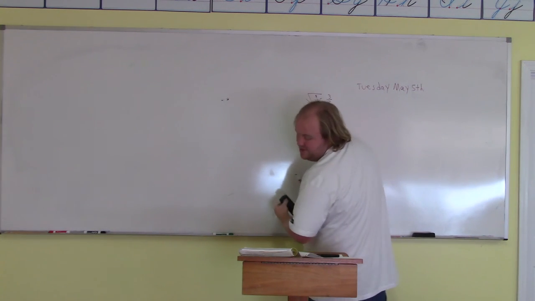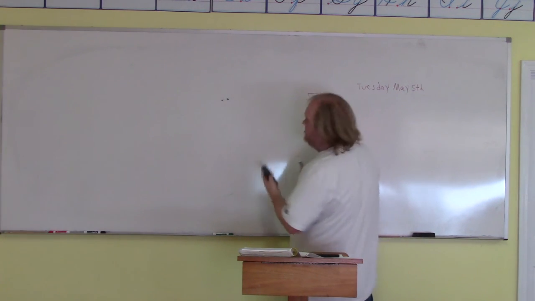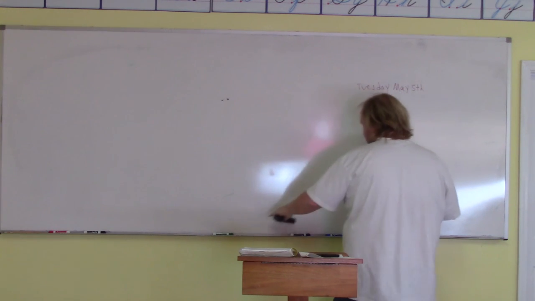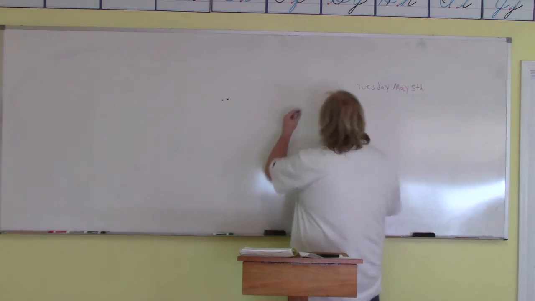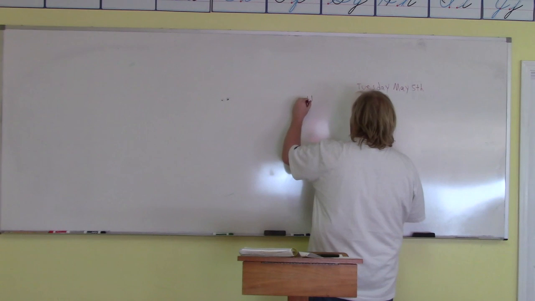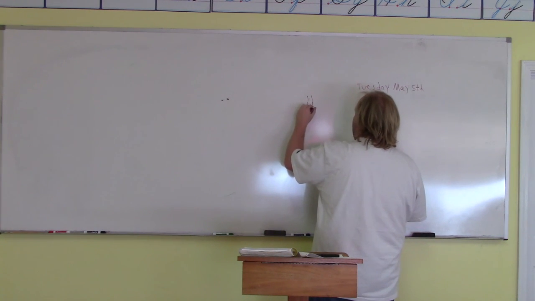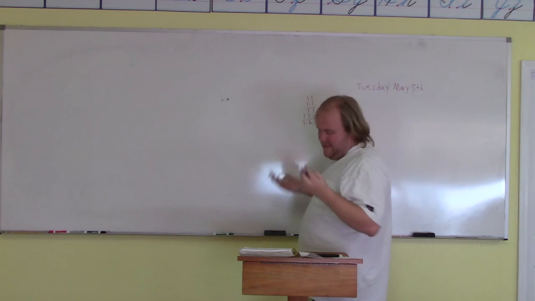And then the answer to number E is 1.1, because if you multiply 1.1 times 1.1, you get 1.21, with two decimal places, because there's 2 of them.